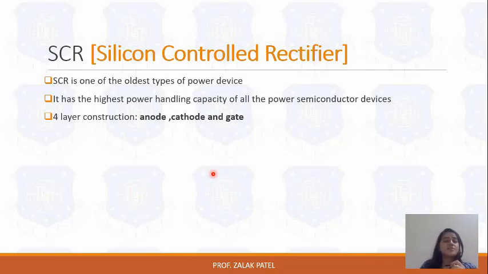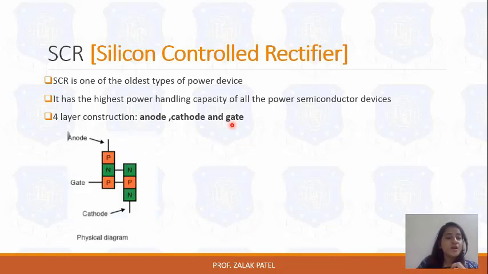It has a construction different from the power diode because it has 4 layers with anode, cathode, and the most important part, the gate. By this fourth terminal, the gate terminal, it provides us the control function that is absent in the power diode case. So it overcomes the limitation of the power diode.